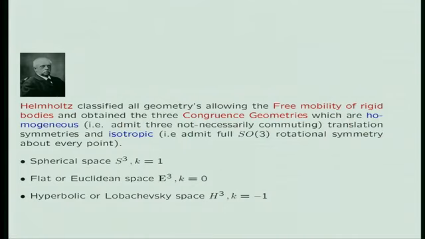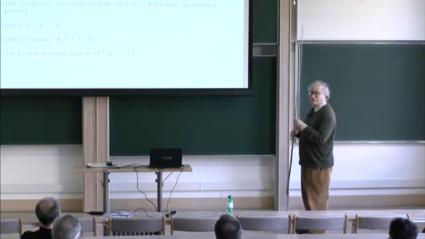Now, Helmholtz took hold of this idea, he being the universal man, and he classified all geometries allowed given the following assumption of free mobility. He said geometries are measured by rulers, and so let's try to find out what kind of geometries you could measure if you had a rigid ruler. So that gives you a notion of length. You want to be able to transport your ruler about so it's homogeneous. And the other assumption he made is that you can rotate the ruler about any given point.